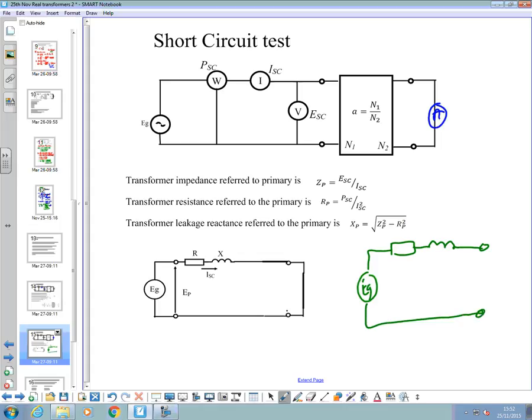There's our model of our transformer that we can now put a load on and do an analysis. Yeah? Just by doing open circuit and short circuit tests, we could do open and short circuit analysis on a real transformer. And if we wanted to, we can add the core loss components in there as well.